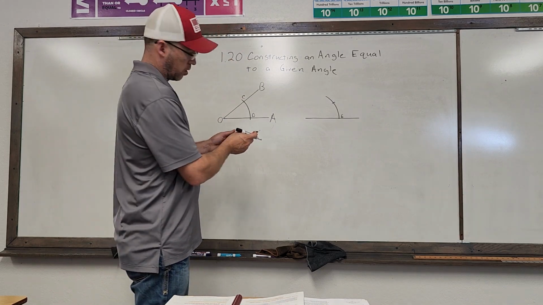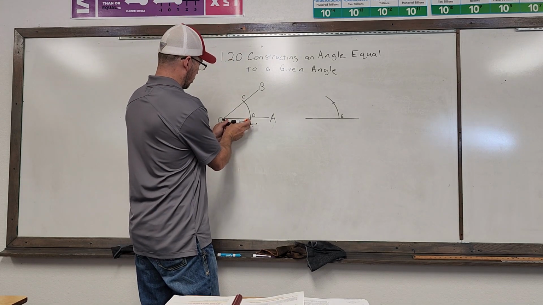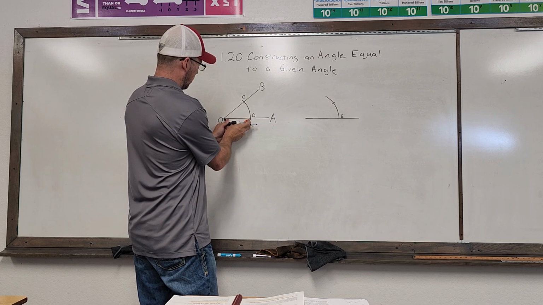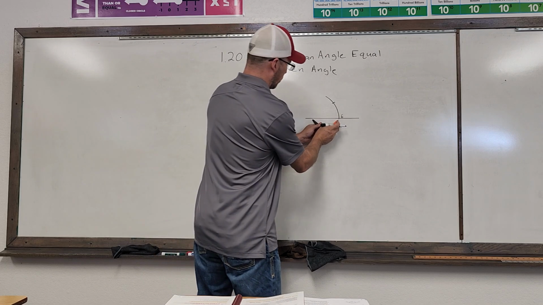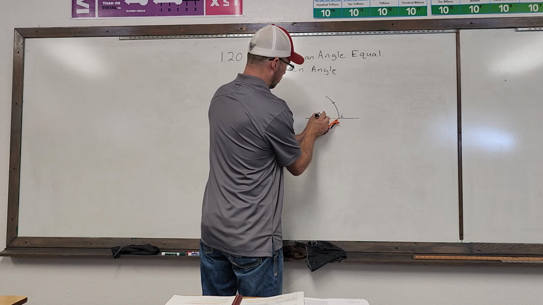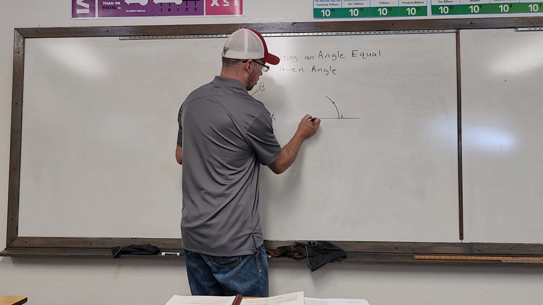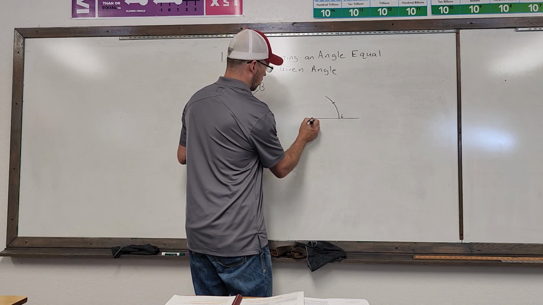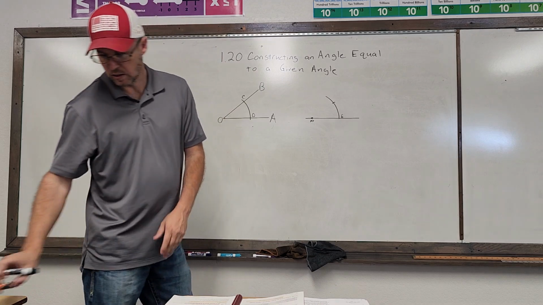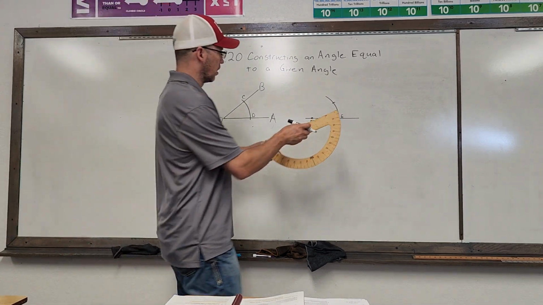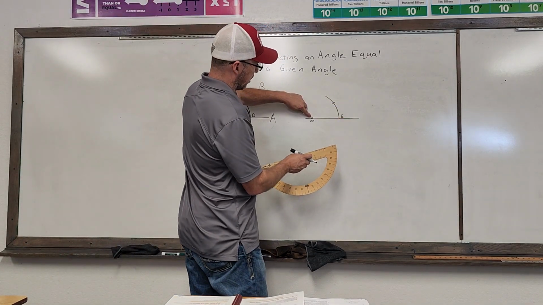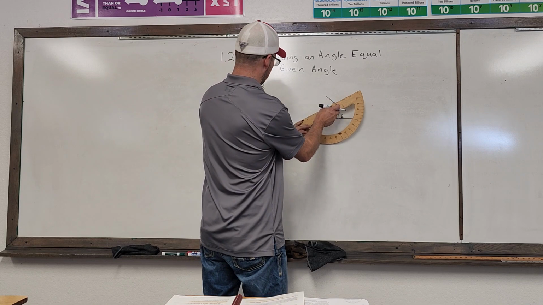I'm going to mark, should have marked it a second ago, but I didn't, so I'll do it now. Mark my starting point here. So this is point P. And then I'm going to use my straight edge to create my angle. I'm going to take it from point P through my intersection.